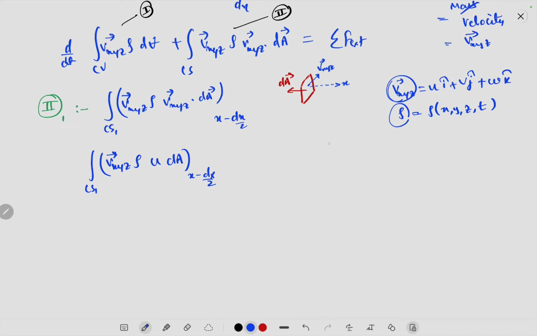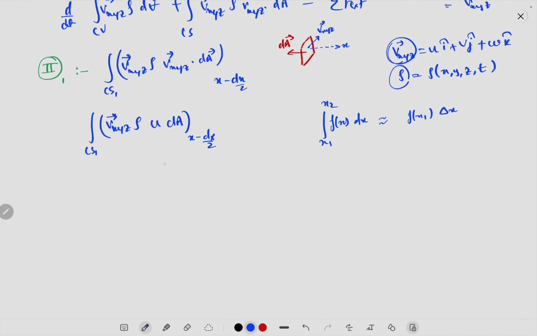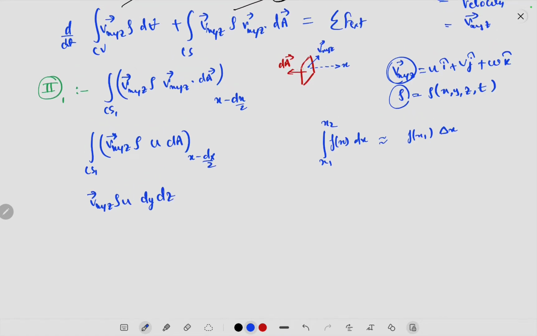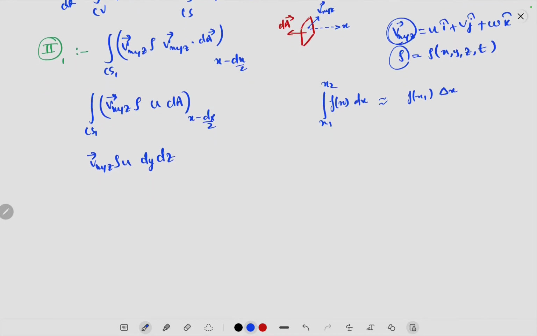Now again we can argue that for a function f of x integrated over x1 to x2 dx, with x2 minus x1 very, very small, this will become f of x delta x, right? So similarly here also we can write this term as v(x,y,z) rho u dy dz, because the area is in the yz plane.